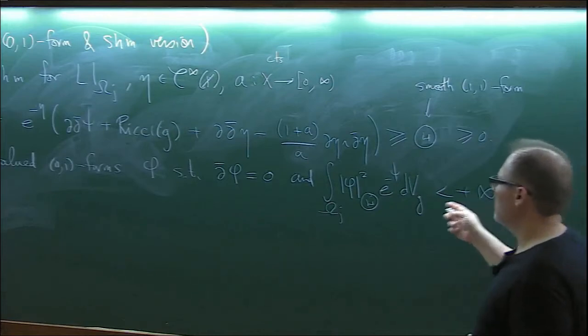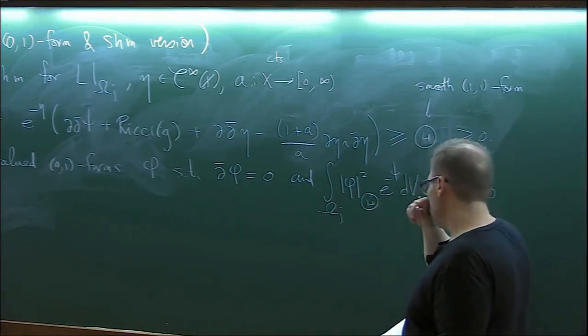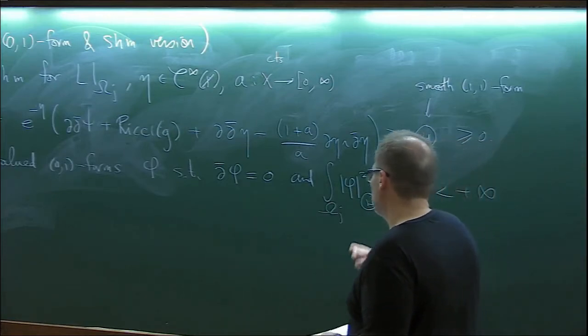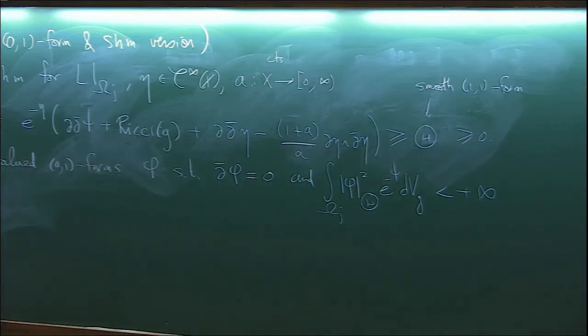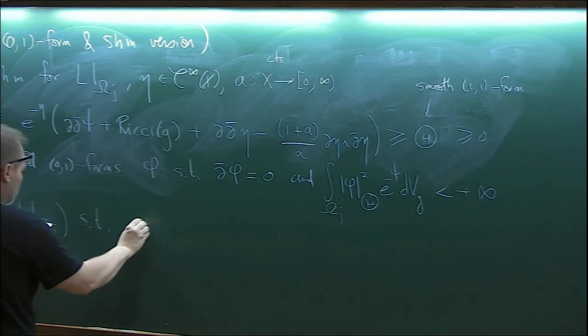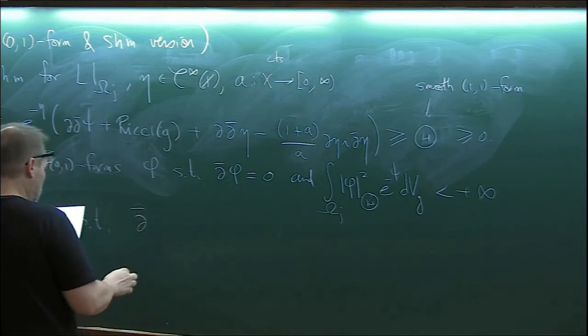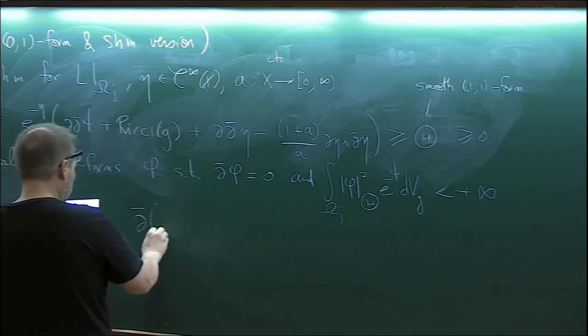Now the metric g is not going to be here, because q is 1. I'm using theta instead of g, excuse me. There exists some U, a section of L restricted to omega j, such that the twisted d bar equation with data phi is solved by U.